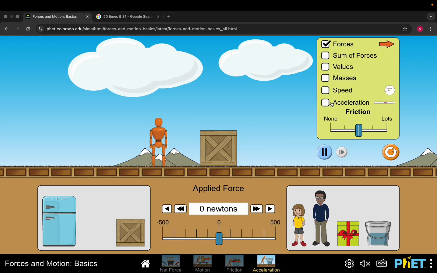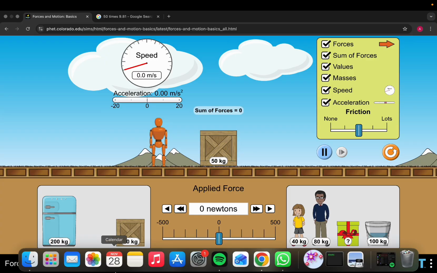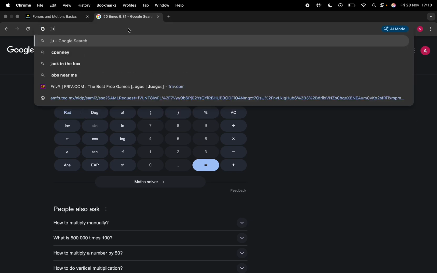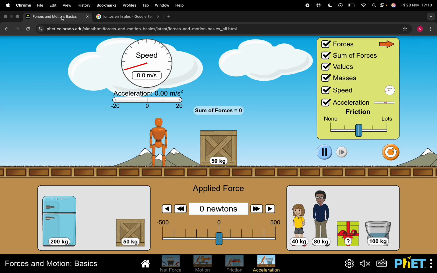So, acceleration. Let's apply all of this again. This is like all of what we saw earlier, like all of this together.